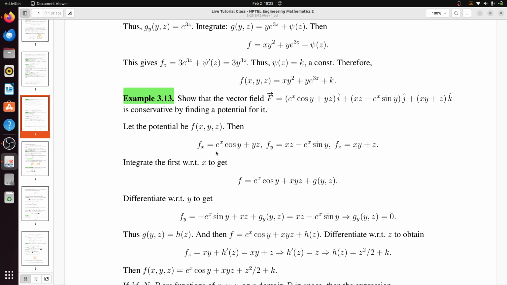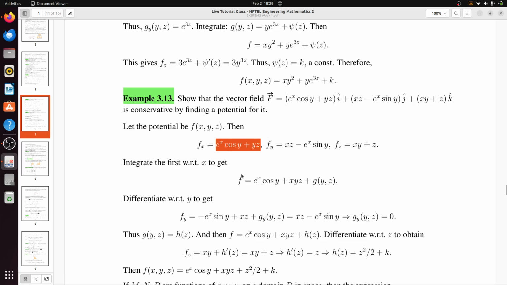Now you have del f/del x equal to this, so you need to integrate it with respect to x. If you integrate f_x with respect to x, you will get simply the function f, and on the right hand side, if you integrate, it will be e^x cos y plus yz integrated, which gives plus xyz.